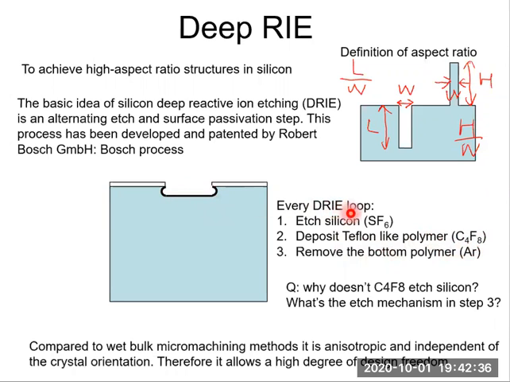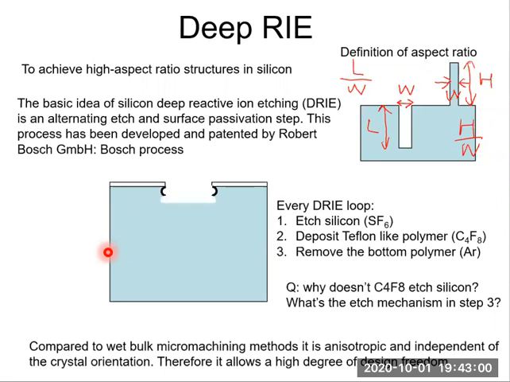The first step is etching. Second step, deposition. And step 3, remove the bottom polymer by argon. So the bottom passivation layer is removed. Then this loop is repeated.